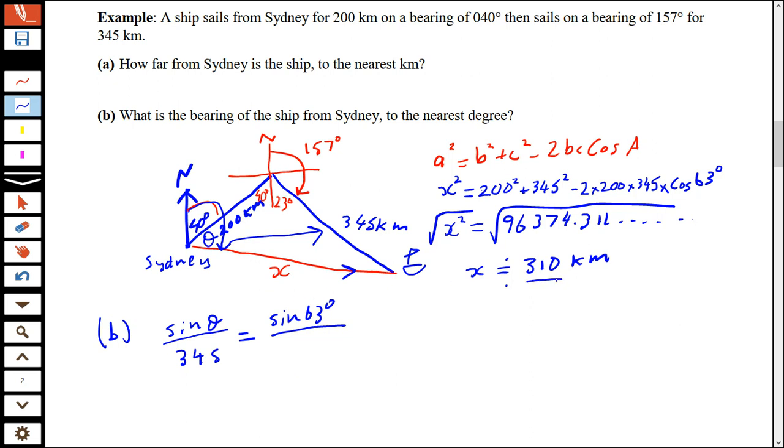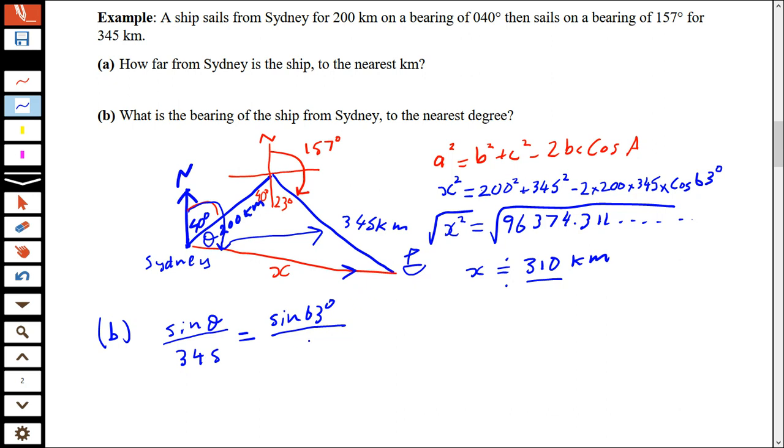To the nearest kilometre is 310, but I'm actually going to recalculate that again. I'm going to put in 200 squared plus 345 squared minus 2 times 200 times 345 times cosine of 63, and then I'll take the square root.